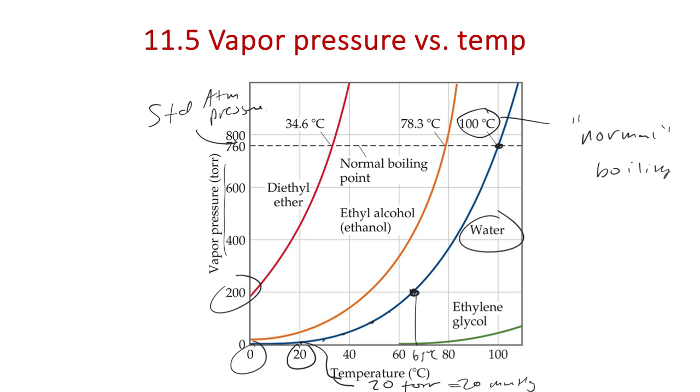Normal boiling point means the boiling point at standard atmospheric pressure. A lot of times we just say the boiling point of water is 100 degrees C, but what we really mean is that the normal boiling point of water is the boiling point at standard atmospheric pressure of 1 ATM or 760 torr.